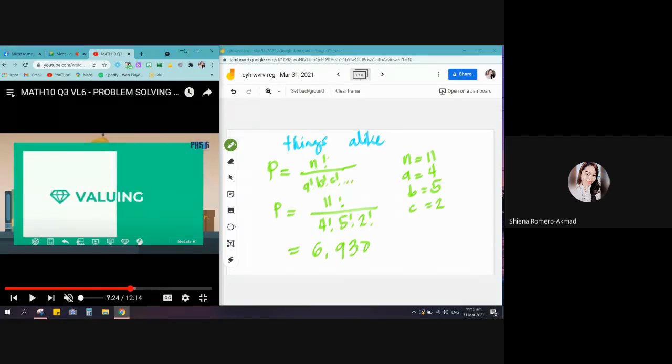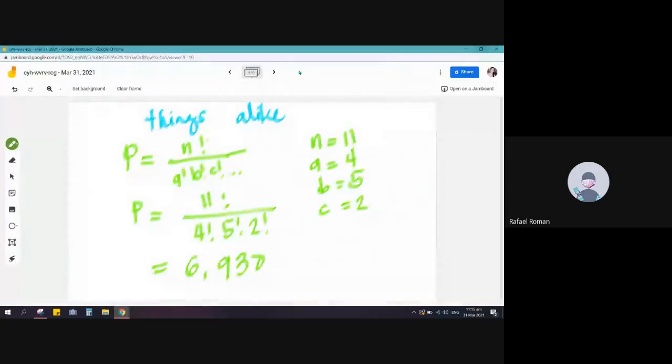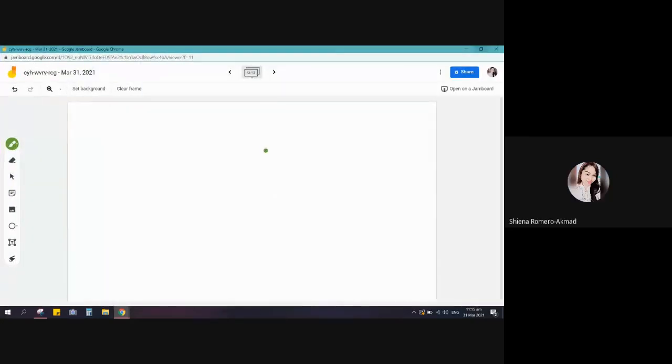Yung sa code. Bonus. May bonus kayo sa akin. Dadagdagan ko yung quiz nyo ng 5 item. Bonus. Dadagdagan ko ng 5 kailangan masagot nyo.